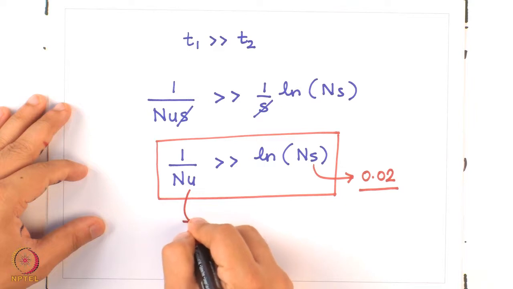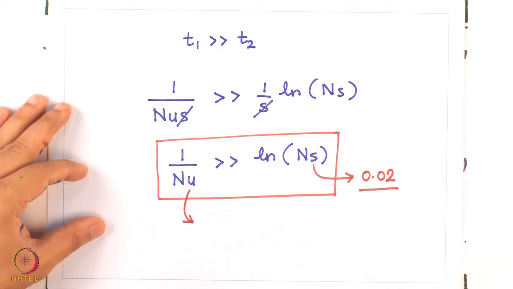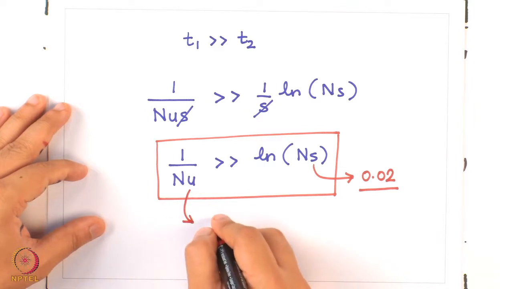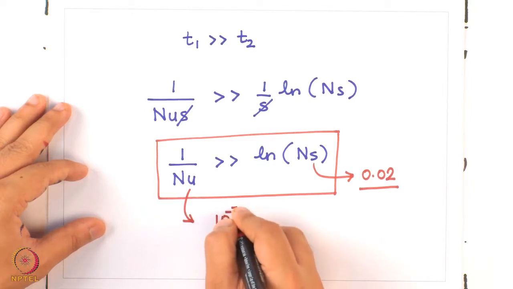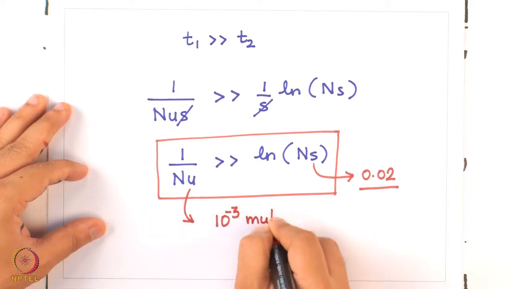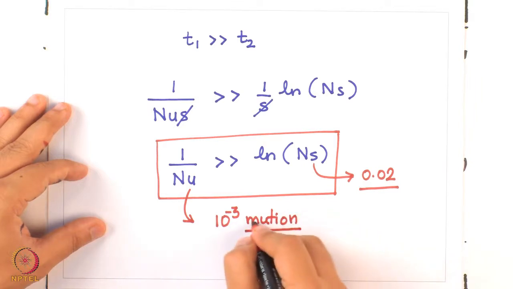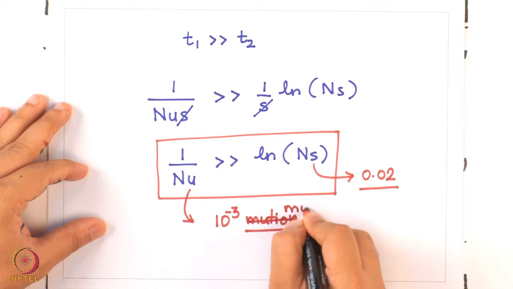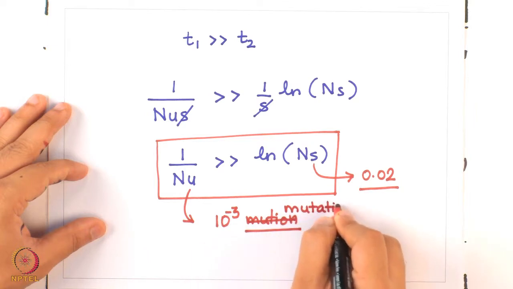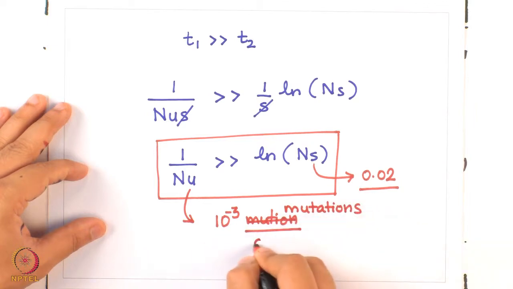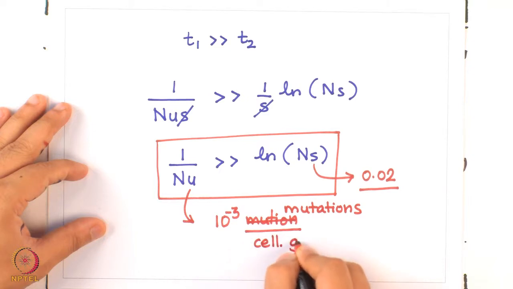U is the beneficial mutation rate. The total mutation rate of E. coli is 10 to the power minus 3 mutations per cell per generation.